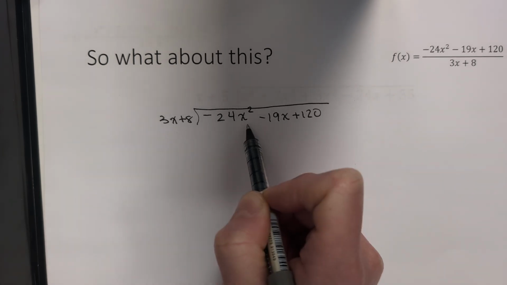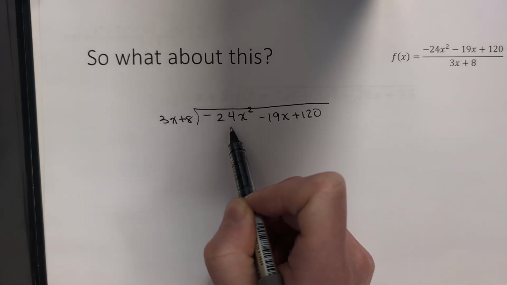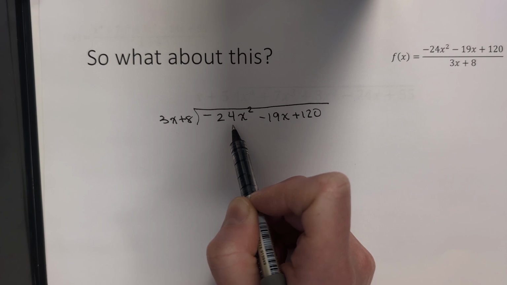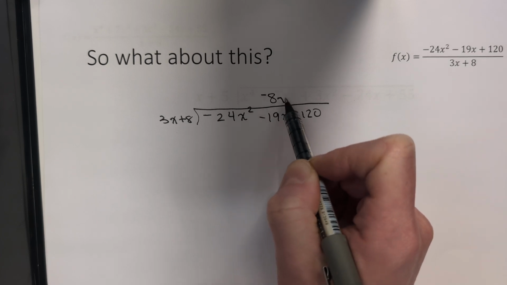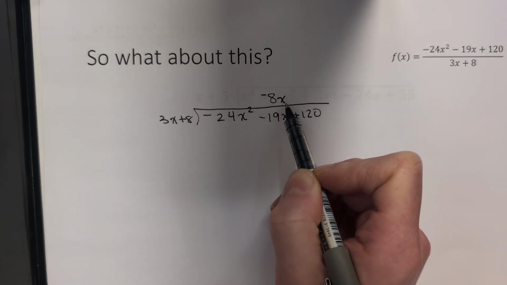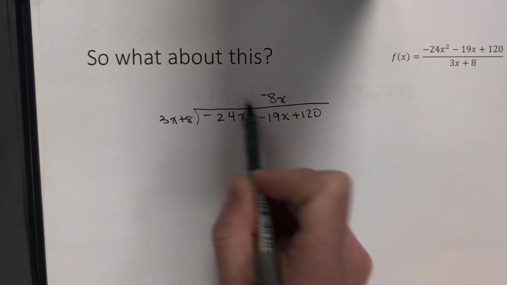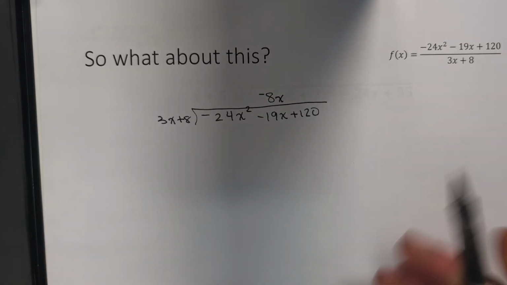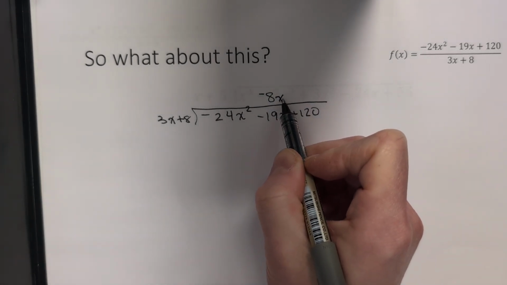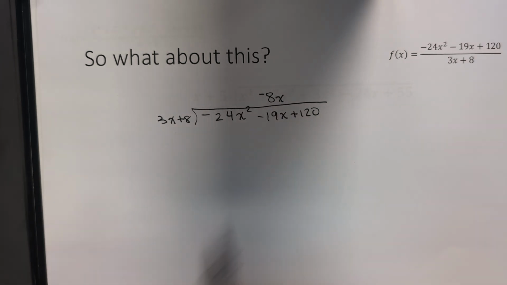So starting with the first one, 3x goes into negative 24x squared, negative 8x times. And since that's just a term in x, I'm going to put it above the term in x, negative 8x. Right above here, not above this, even though we put it into the negative 24x squared. Alignment is really important here. So now we multiply by the whole term here.